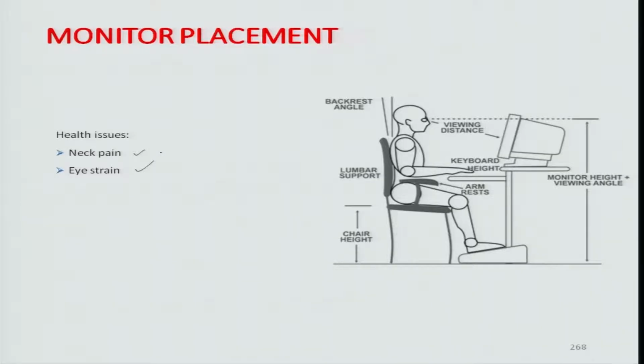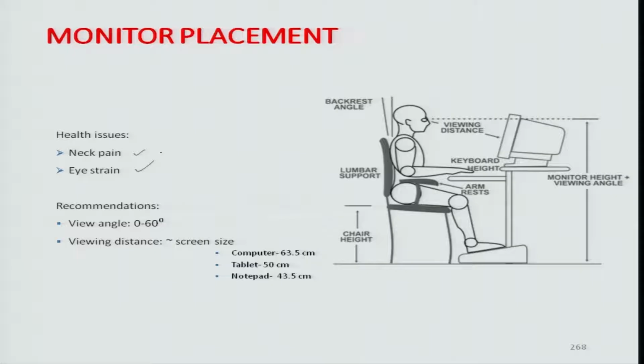The recommendations across all these different standards are that the viewing angle is most comfortable between 0 and 60 degrees with respect to the horizontal. The viewing distance should be as good as the screen size. Typically for computer-based workstations it is 63.5 centimeters, for tablets it could be as low as about 50 centimeters, and for notepads it could be even lower, 43.5 centimeters. And so you know what viewing distance means here.